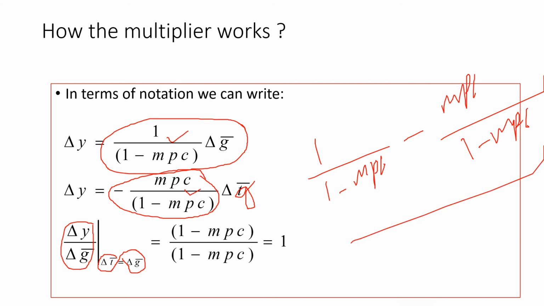So that means in the denominator you have 1 minus MPC, and in the numerator also you have 1 minus MPC. So 1 minus MPC divided by 1 minus MPC cancels out. So BBM is equal to 1.